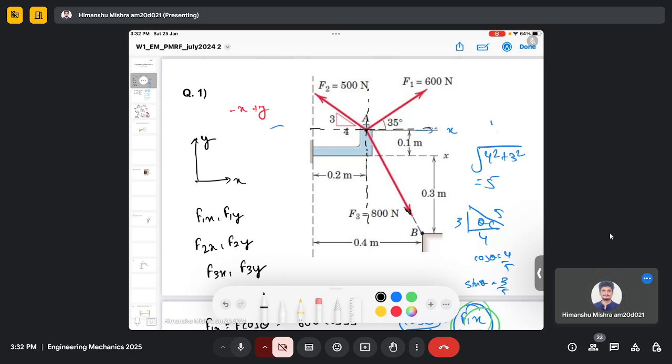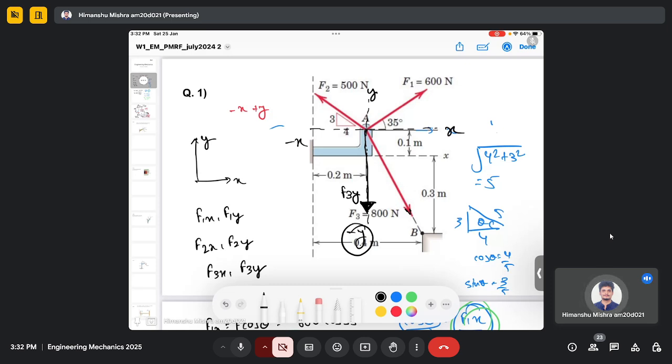So if this is positive y, this is my minus y, this is my minus x, and this is my positive x. Then you can see the component of F3 in the y direction is downward. So this is my F3y, which is along minus y, right?